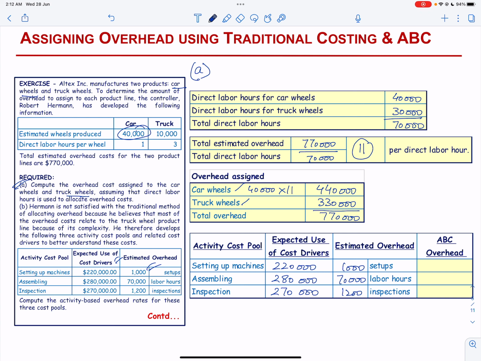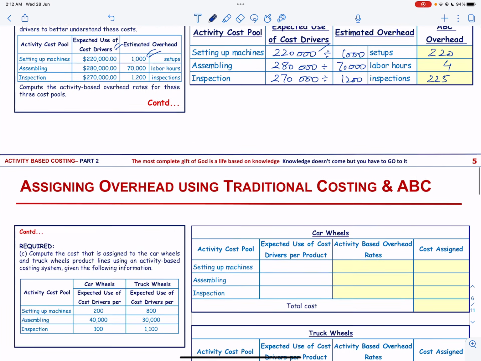So the ABC overhead rate will be 220 divided by 1,000, 280 divided by 70,000, and 270 divided by 1,200. This will equal 220 dollars per setup, 4 per labor hour, and 225 per inspection. We will continue with this exercise on the next slide.